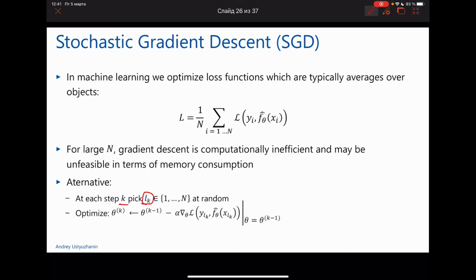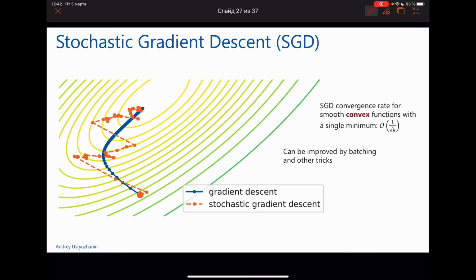And then we compute the weights of our matrix by just subtracting the gradient term from the previous step, computed over those l_k elements. It still converges, although the speed of convergence is a bit slower.